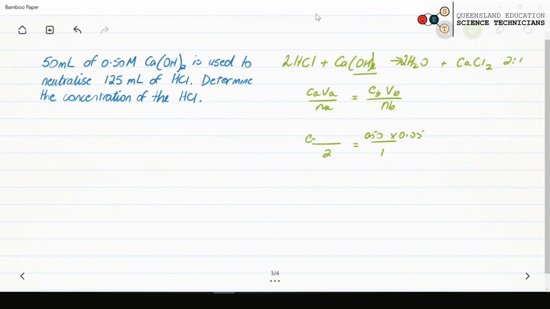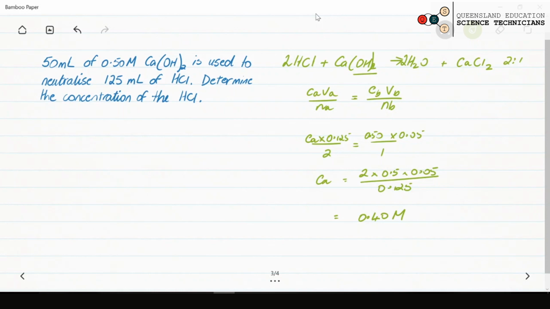The second one, we don't know our concentration, and we had 125 mils, so 0.125 when I divide by 1,000, and then we have to divide that by 2, in which case, when I'm rearranging, it's going to be take the 2 because it was divided and multiply, so 2 times 0.5 times 0.05 and divide by 0.125 to have our final answer of 0.40 molar.